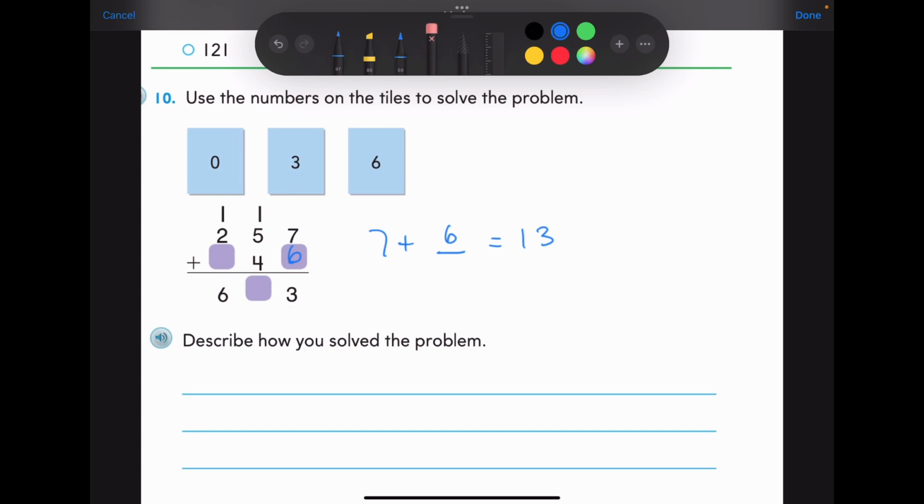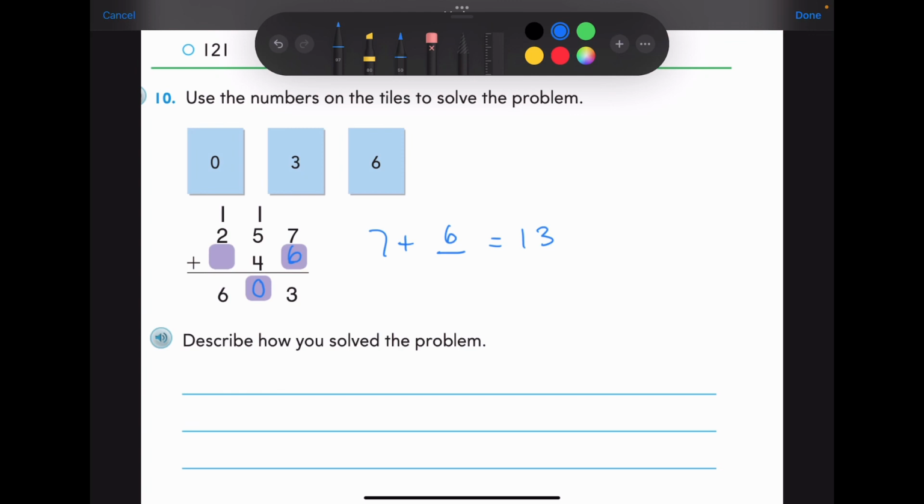Now, if we apply the same concept in the tens, I would say we have this 1 on top, plus 5 plus 4 is 10, so I'm going to have to put a 0 there. And they carried a 1 into the hundreds.